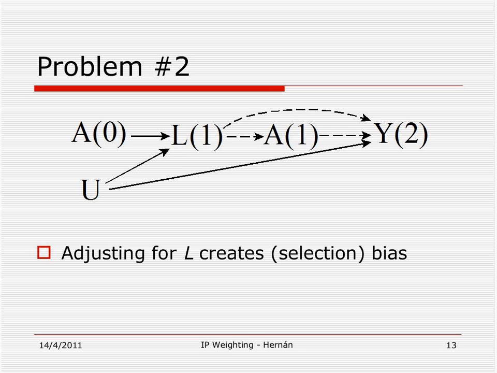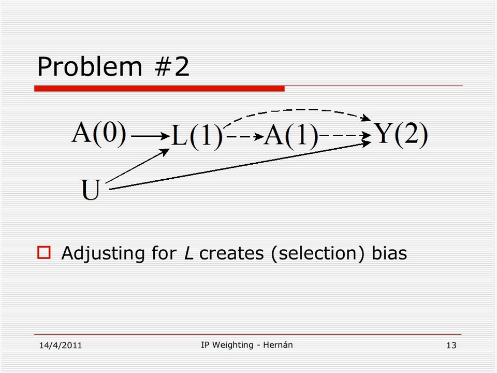So by adjusting for confounding, because I do adjust for confounding, since L1 is a confounder for A1, I'm creating bias for A0. I'm finding an association between A0 and U, and therefore between A0 and Y2, even if A0 doesn't cause Y2. That is the second problem that we have with standard methods, that we create bias by adjusting for confounding. So even if L1 were the only confounder here, there's no way we can get the right answer by adding it to the model because we are dealing with a time-varying treatment.